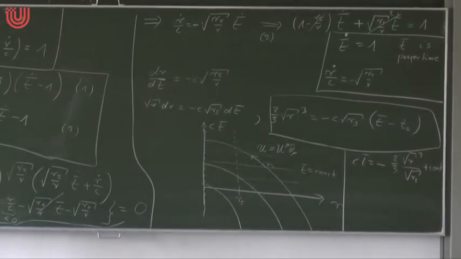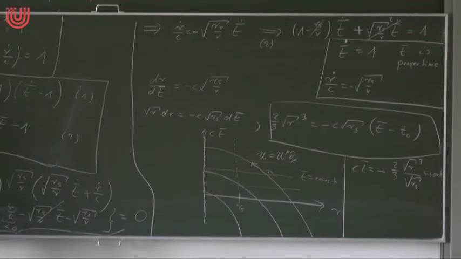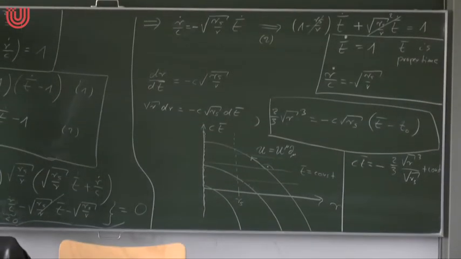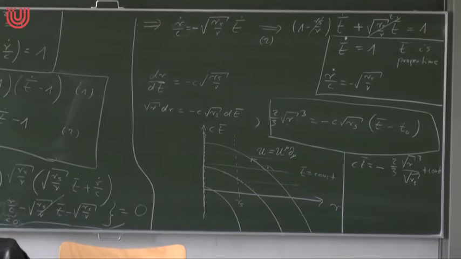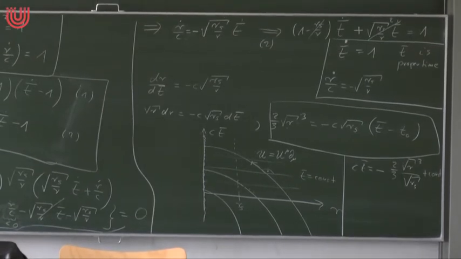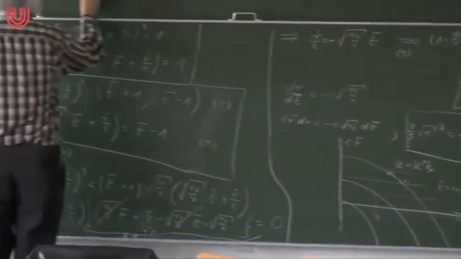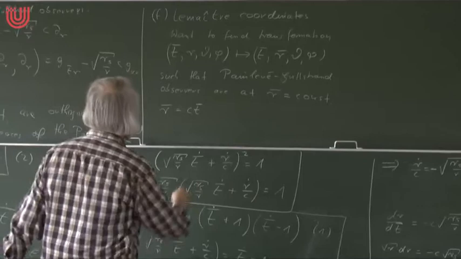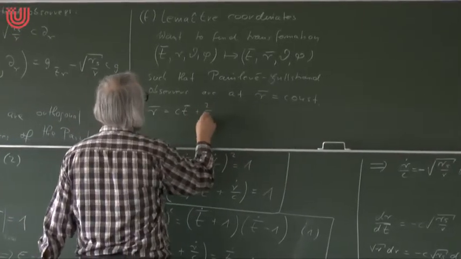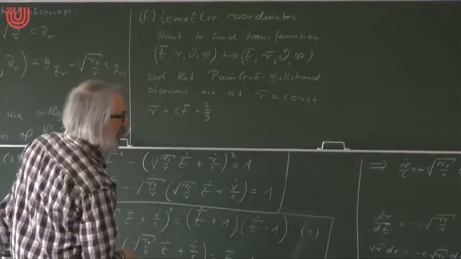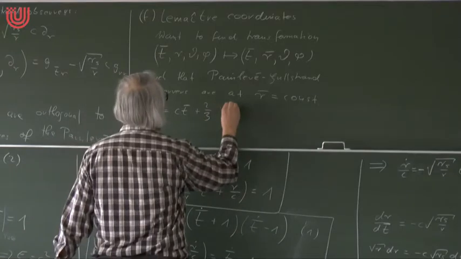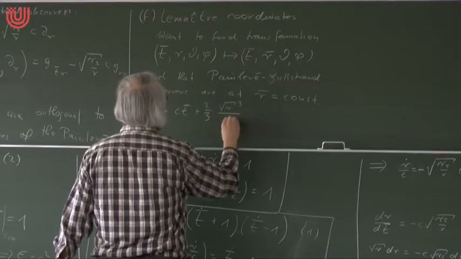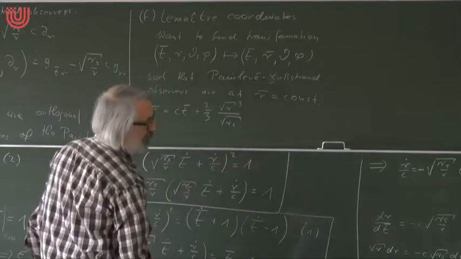That's the idea. So I write r bar is, do I want to have it with a plus or with a minus sign? Let me check. I begin with c t bar, then it comes to the other side, and I have plus 2/3 root r cubed divided by root rs, and that's it.